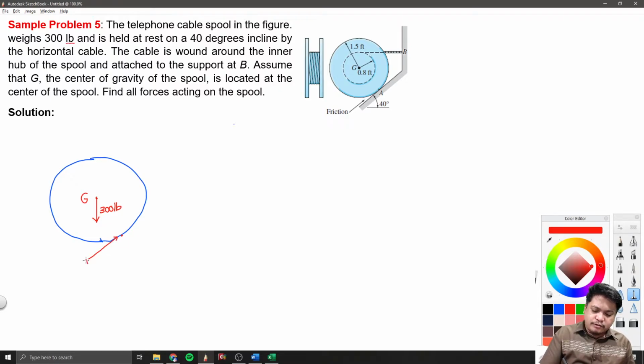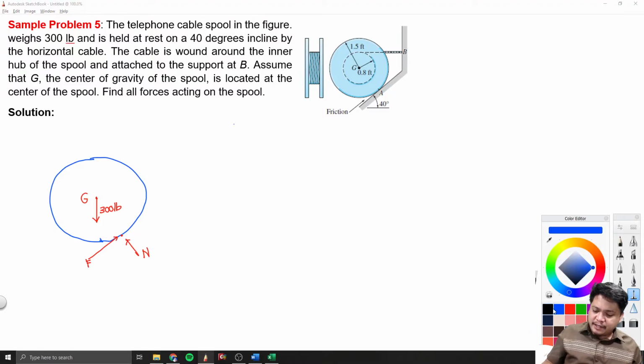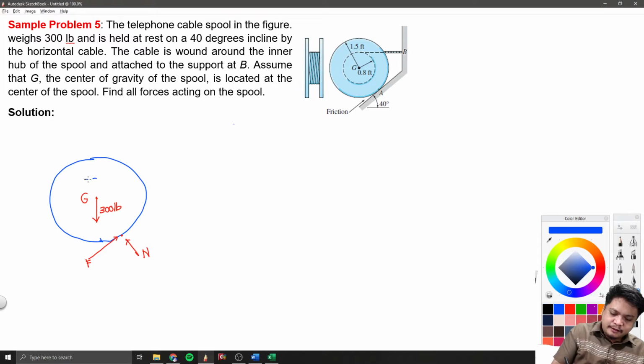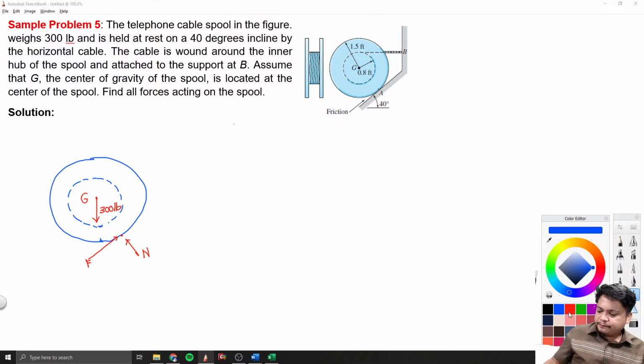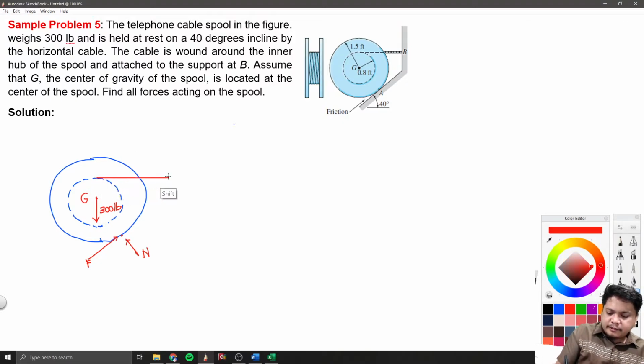Isang friction, ayun, sabi niya, and of course, isang normal force. Okay? I will have it as N. Okay? Also, 0.8 feet from here, yan, 0.8 feet, nandun na siguro yung spool o yung ating wire, mayroon ako ditong tension. Okay? So, the number of unknowns is 4.